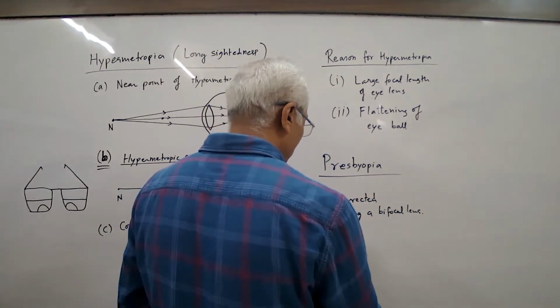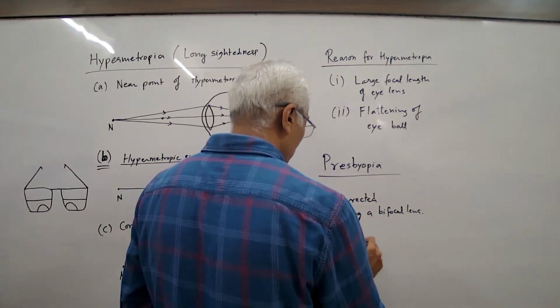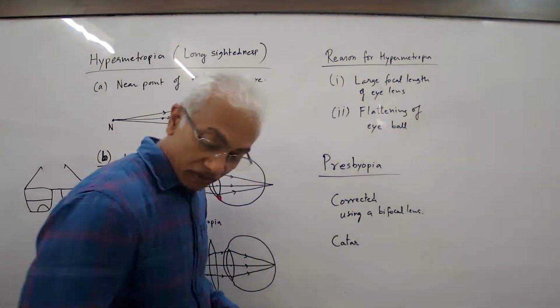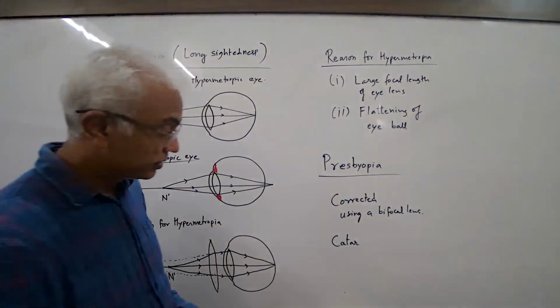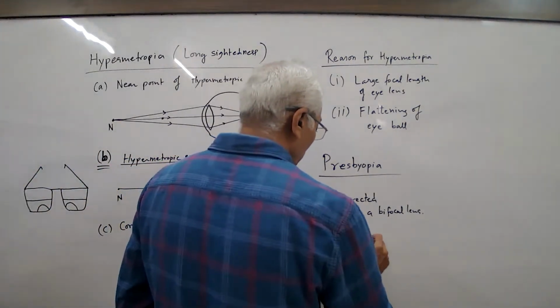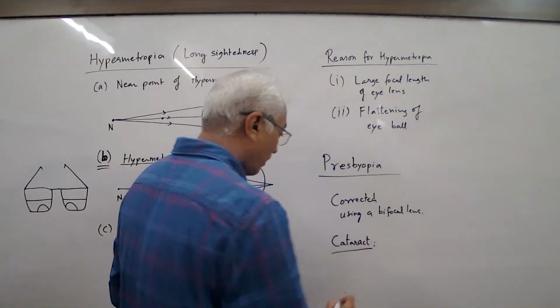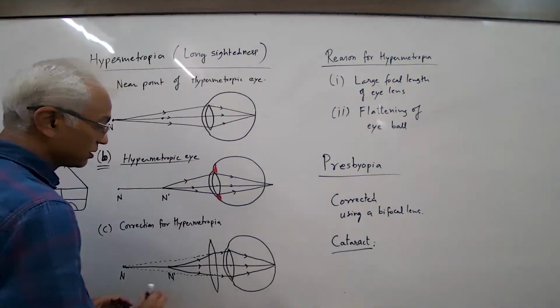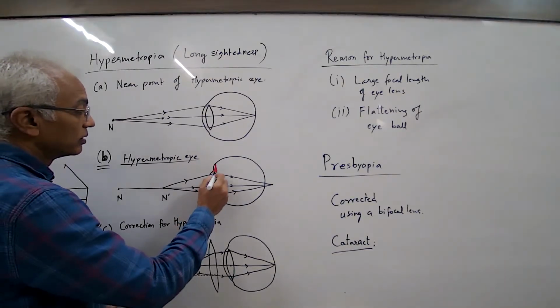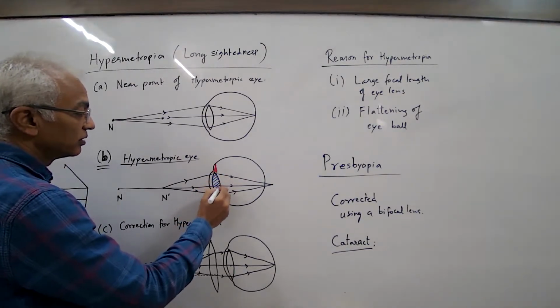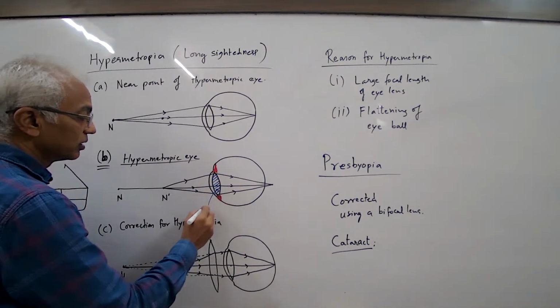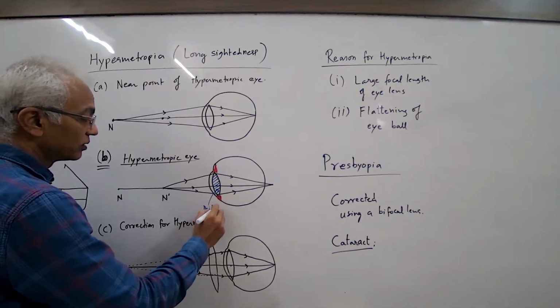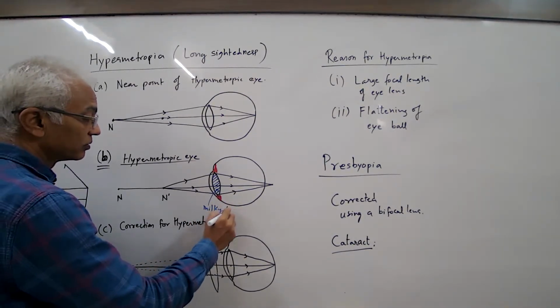Next is cataract. What is the spelling here? Cataract. Now what is cataract? The eye lens turns milky or opaque with age.